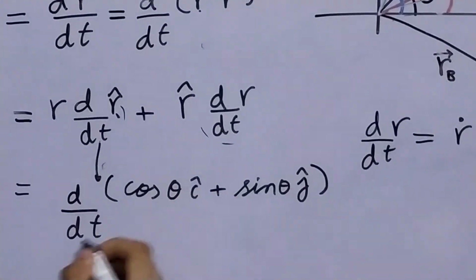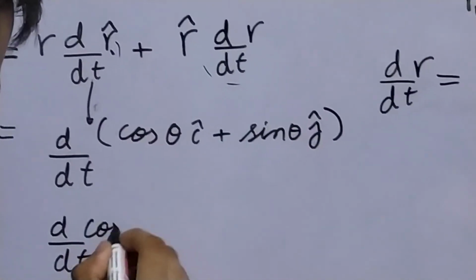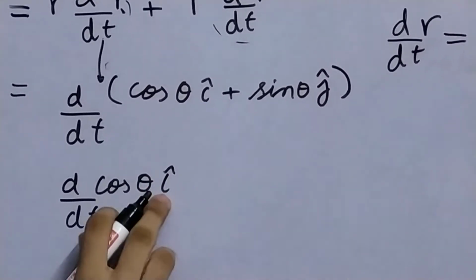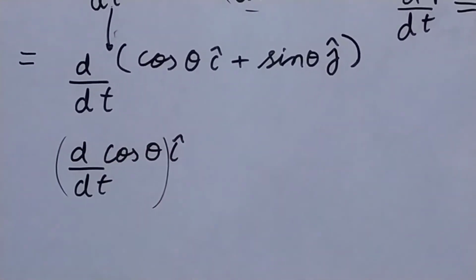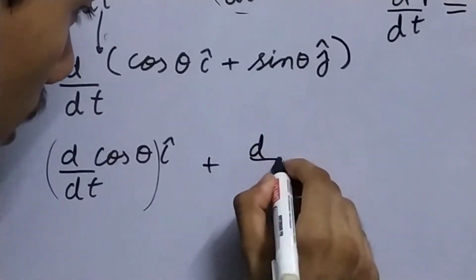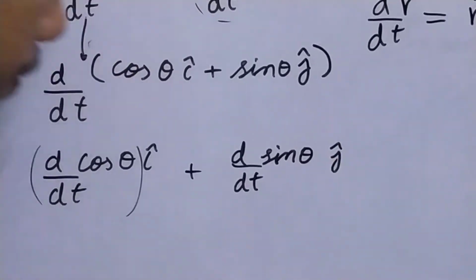Okay, and just open the differentiation. d by dt of cos theta i cap: i cap is constant, it goes out of the differentiation, so this is what we are doing, plus d by dt of sin theta j cap.